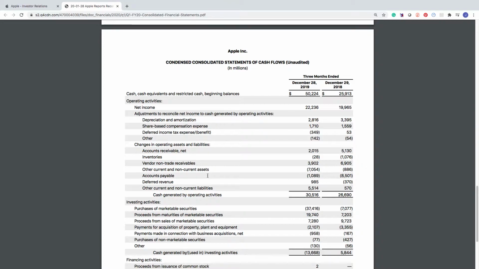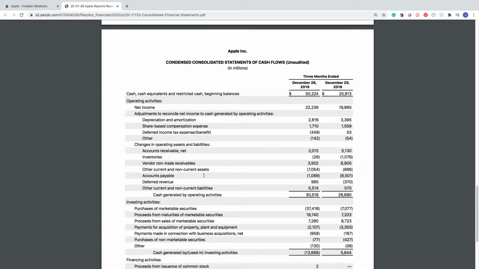Because this statement tells you what is the money that Apple is actually making, right? This report, called the cash flow statement, reconciles your income statement with your real bank balance.